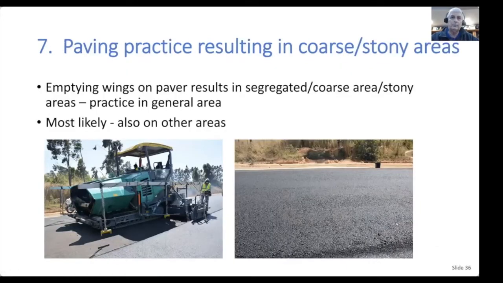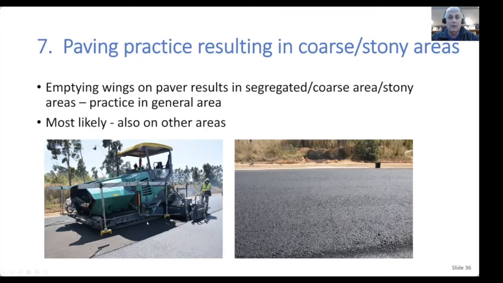So one of the things that we'd noticed here during their paving was that they quite often, well, nearly always, would empty their wings. They'd be waiting for trucks, and empty their wings between the trucks. And this shows a location here where they emptied their wings. I watched them do this when I just got onto site.